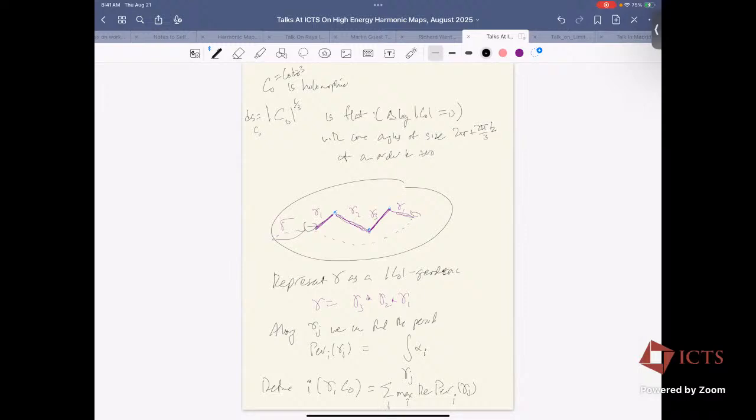So what's going on? I take gamma, I decompose it this way. For each one of these segments, I look at the cube roots of C0. Those are some one forms. I will get some periods, and I'll take the real parts.